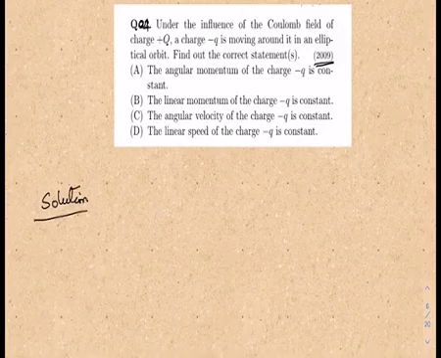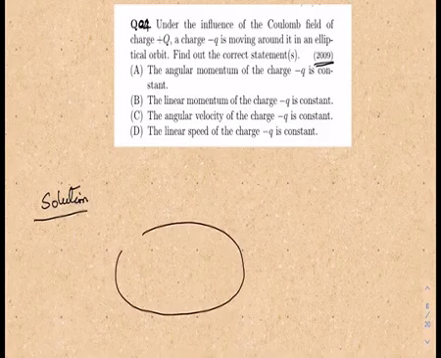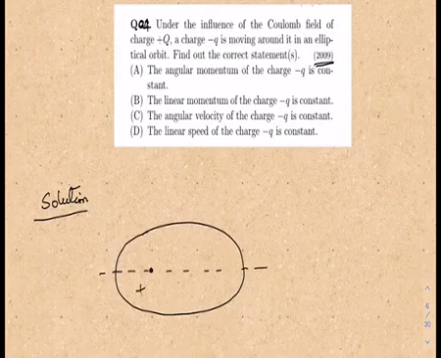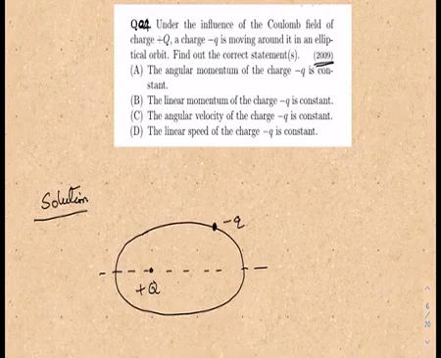So you see that the small charge minus q is moving in an elliptical orbit, and this charge plus Q is sitting in one of the foci of the ellipse, so plus Q, and this charge is say minus q. It's moving around in the elliptical orbit.